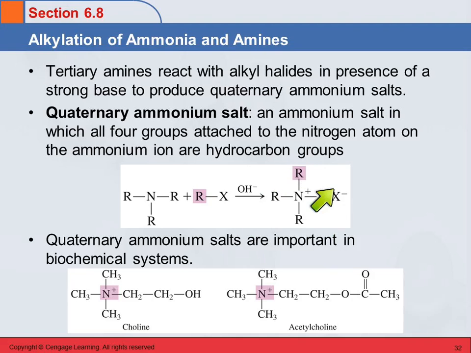But here, all four groups are alkyl groups, hydrocarbon groups. Quaternary ammonium salts are very important in biochemical systems, and two examples are choline and acetylcholine, and these are involved in neurotransmission, and so they're pretty important.